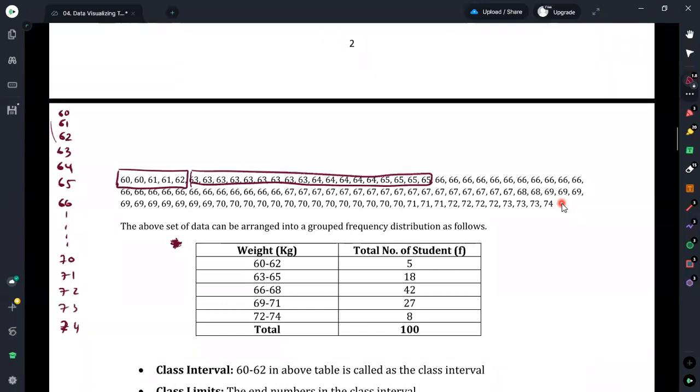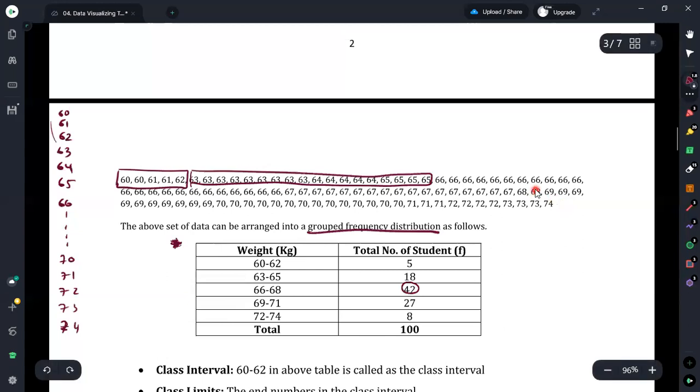Therefore, using the concept we call the group frequency distribution, we can shorten the table and have an idea regarding the data we have as well. As soon as you see this value, which is the largest, you can say that the majority of the students are in the range of 66 to 68 kilograms. Therefore, you can simply get an idea based on this group frequency distribution.